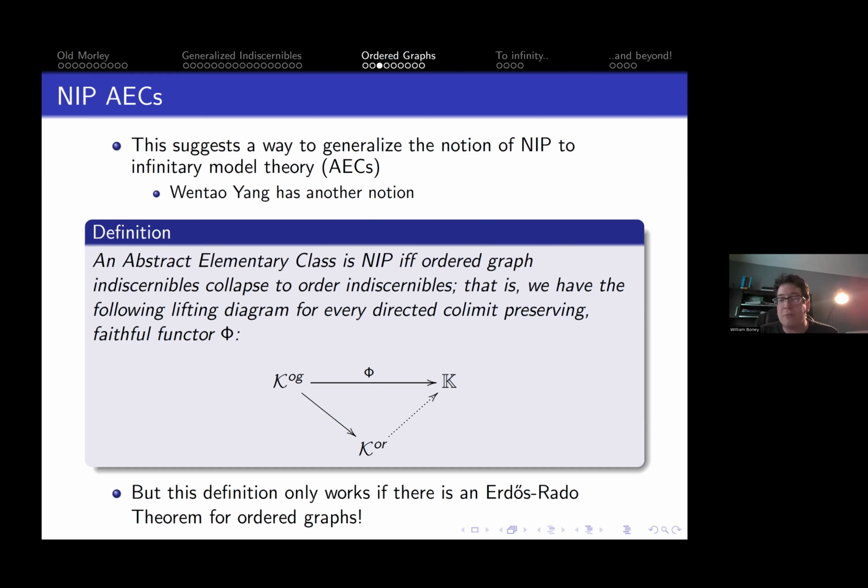So Rami, you're raising your hand. Oh, yeah. Is your definition equivalent to his? I don't know. Wentao and I are trying to find a time to talk, but I keep delaying. I think so. His is much more local, right? Because it's about the behavior in one cardinal. I'm hoping there's some connection though.